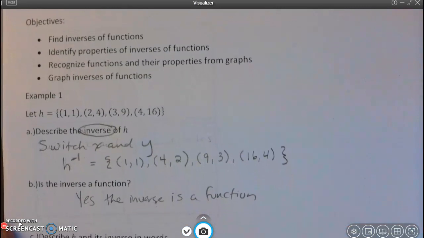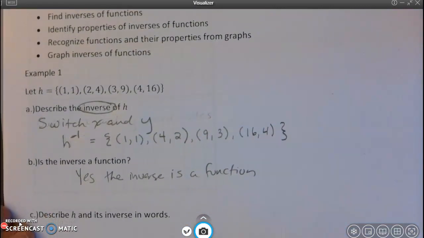And then it asks me to describe h and its inverse in words.